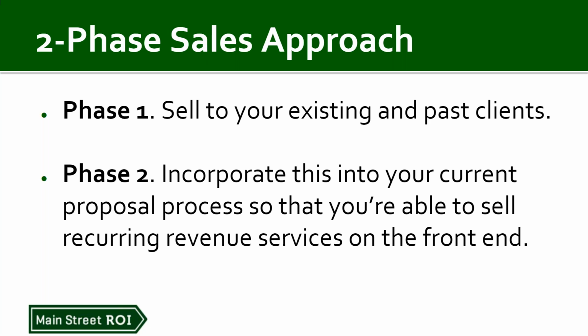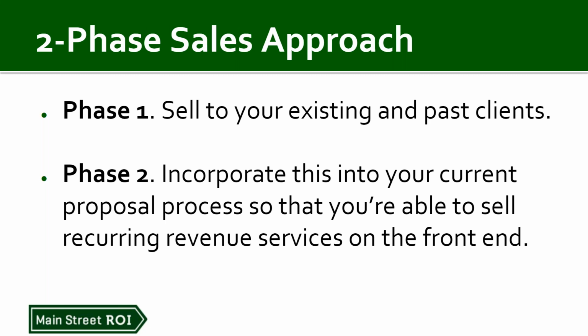So you need to edit your current proposal process. If you're only selling, let's say, one-off website design projects, you would then bundle in the recurring revenue. So rather than just a one-off website design project, you also include monthly SEO, as well as possibly bundling in the monthly social media.